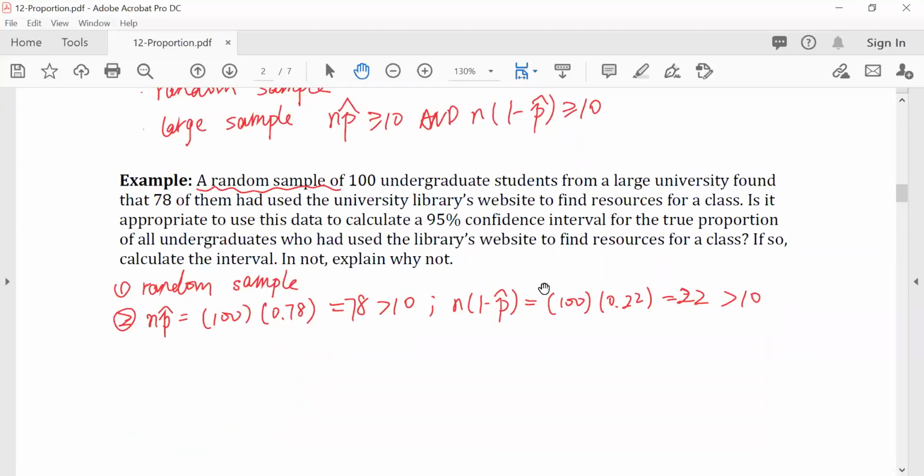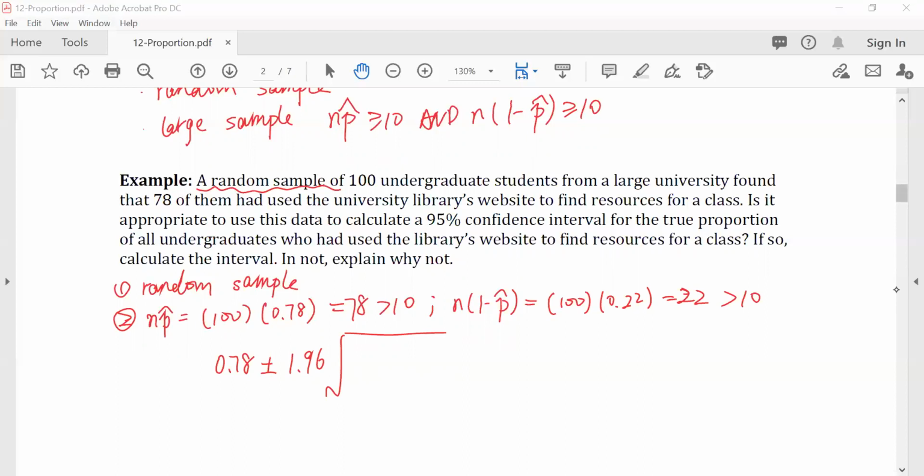So p hat 0.78 plus or minus the z value. It's a 95% confidence interval, so the z value is 1.96. We have talked about how we could find this value many times, so I'm going to skip the step here.